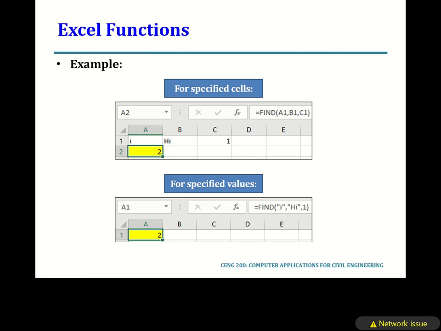Now we are using the FIND function. Find A1. What is A1? I. Find where? This is find what. Now find where? In B1. So find A1 in B1. And C1, what was it?